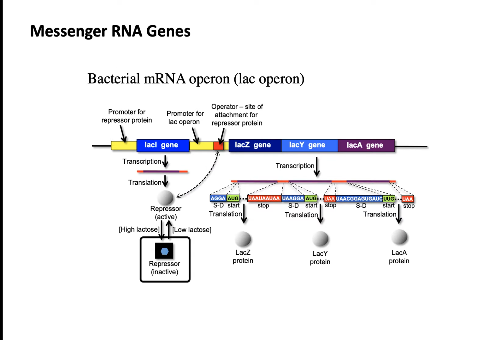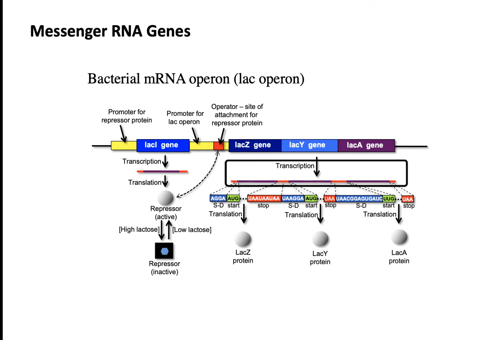However, when the concentration of lactose increases, it binds to the repressor protein and then won't allow it to attach or stick to the operator. So then that opens up the promoter region for transcription of the lac operon.